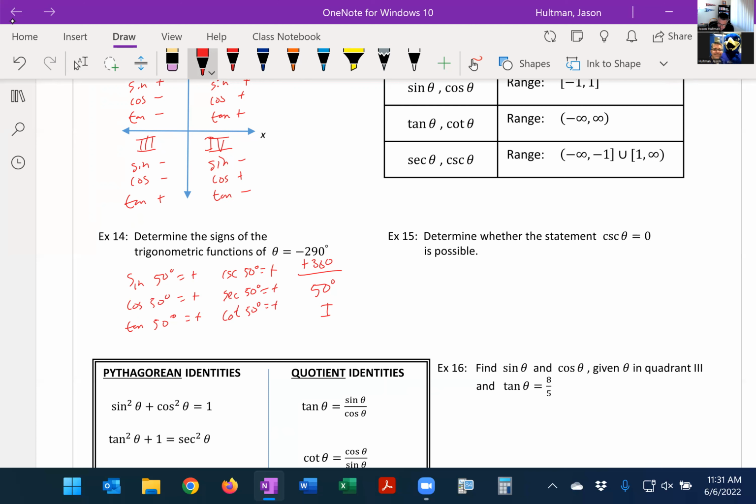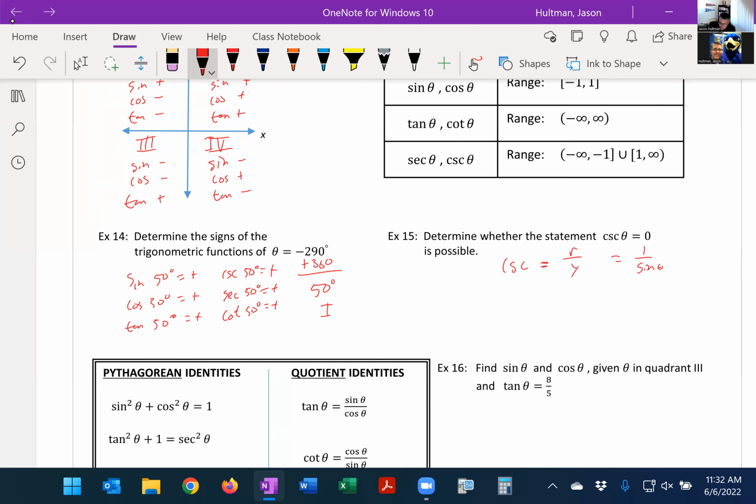Okay, example 15. Determine whether the statement cosecant equals 0 is possible. So is this possible? Well, let's think about this for a second. The cosecant, that was based on the y. This is r over y from our previous section. It's also 1 over sine.